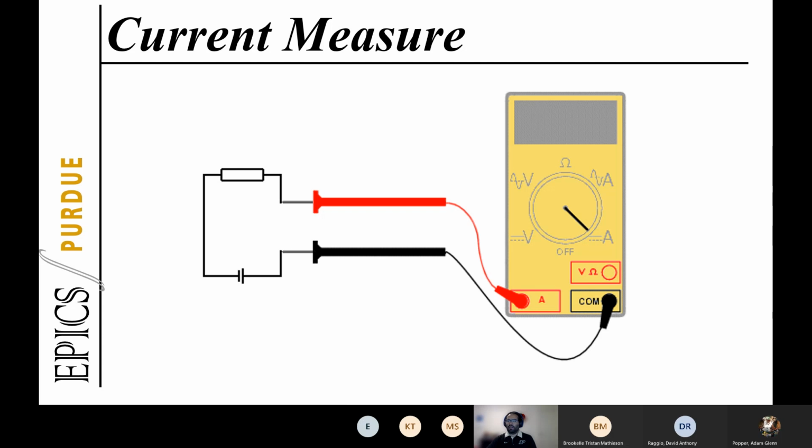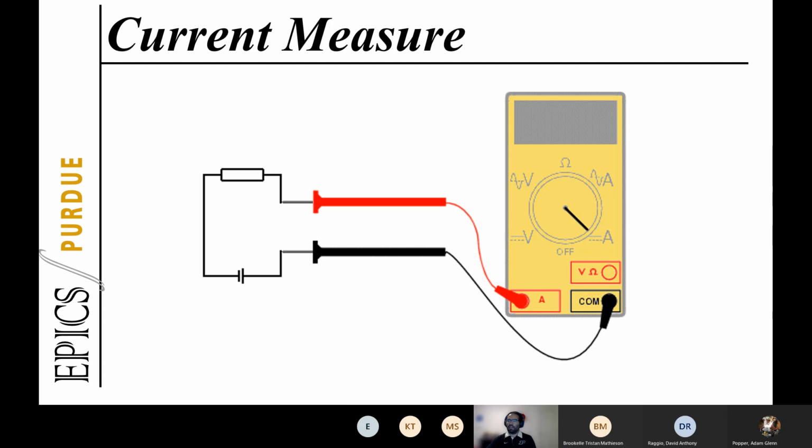So that if the current is circulating from the battery toward the resistors and back to the ground, we will expect that the current will be positive. And I think it will make more sense once you get to play a little bit with the instruments.